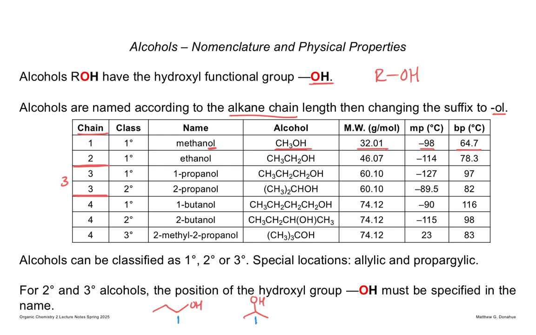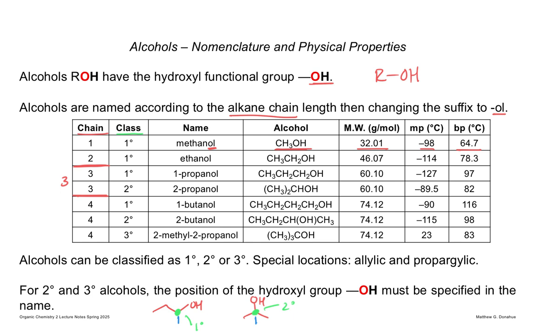For the class of alcohol, you're looking at the carbon bonding to the OH group and determining how many other carbons it is bonded to. This one would be primary, and this one would be secondary.